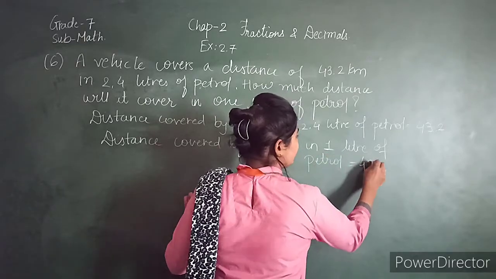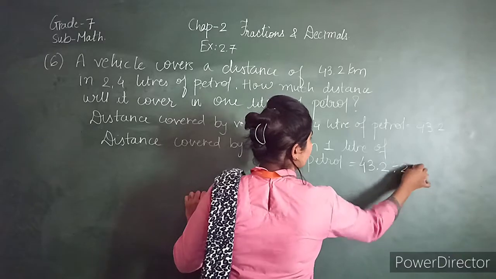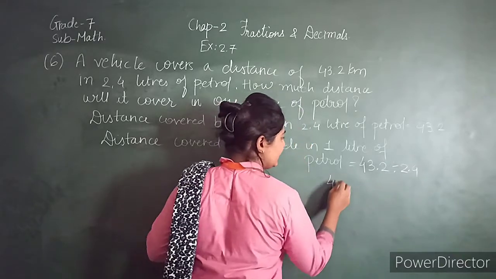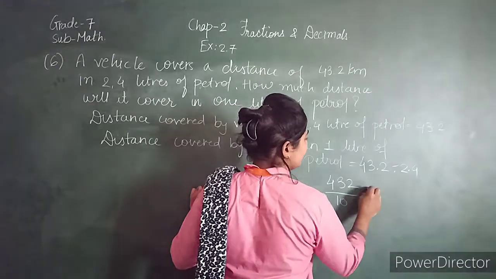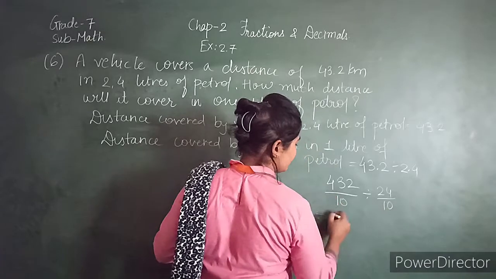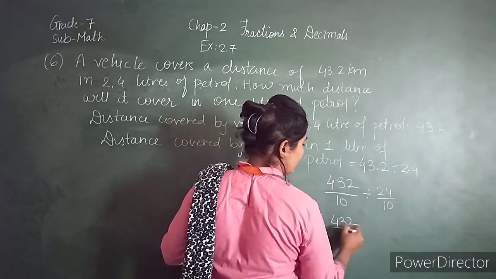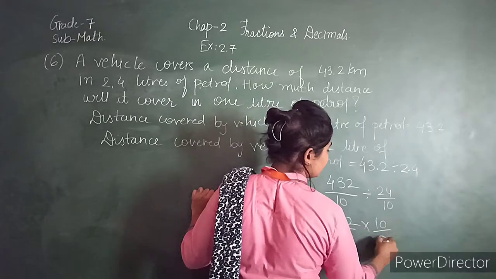So here 43.2 divided by 2.4. If we remove this point, then it is 432 upon 10 divided by 24 upon 10. So it is 432 upon 10. If we change the sign, then we have to write the reciprocal of this.